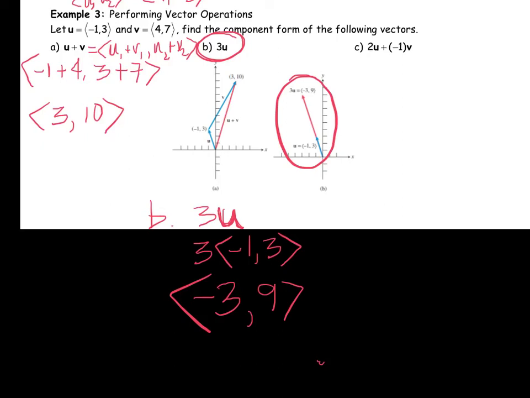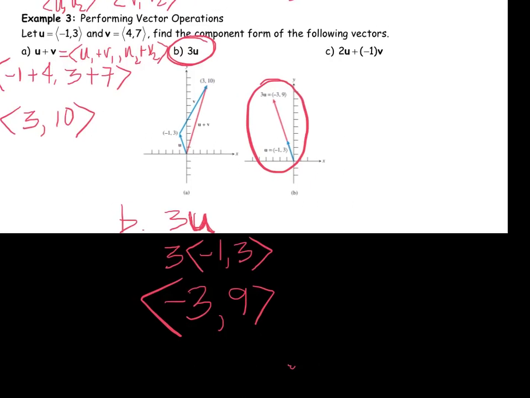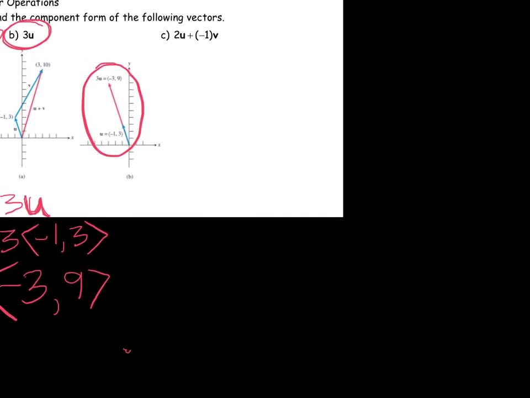Okay, now the next thing in C, there's 2 things I'm going to do. I'm going to take my vector u, make it 2 times bigger, and add it to vector v, but it's going to change the direction of vector v. So I'm going to move this over and show you the math on that one.